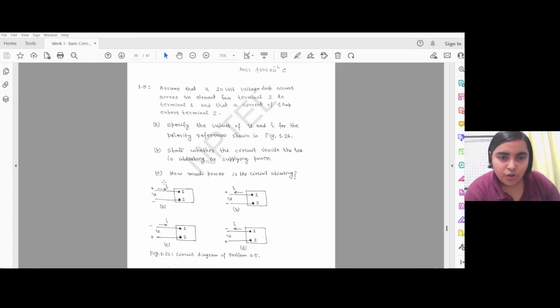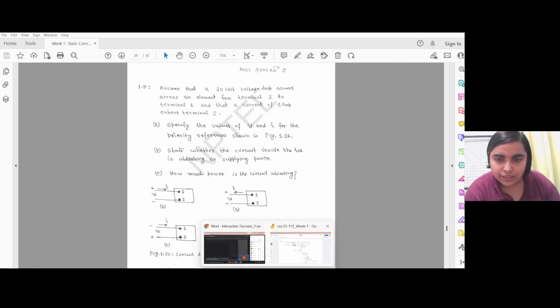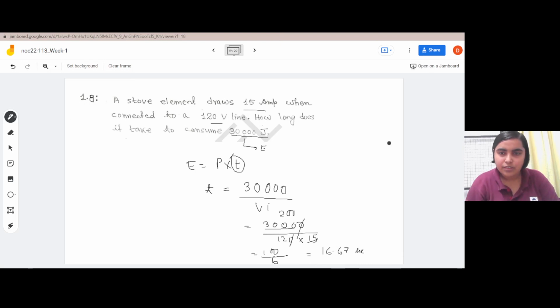Since voltage drop is across, I'll just draw it here. It will be clear, I guess. So this is terminal 1 and 2, let's assume to be V. Now it is written current is 4 ampere entering through terminal 2, and the voltage drop, that is plus minus 20 volt voltage drop is there.